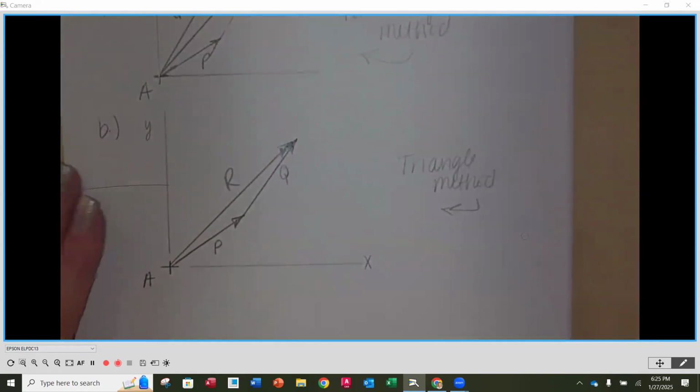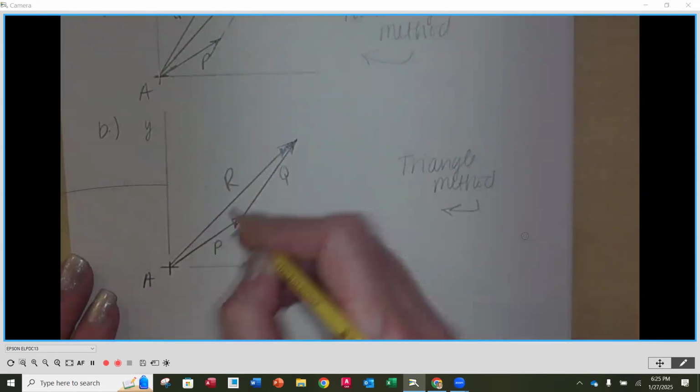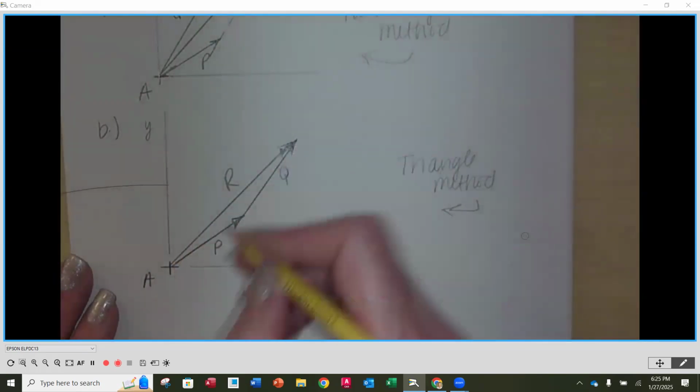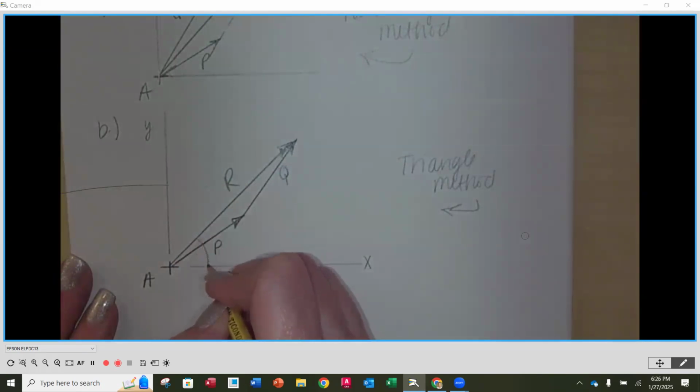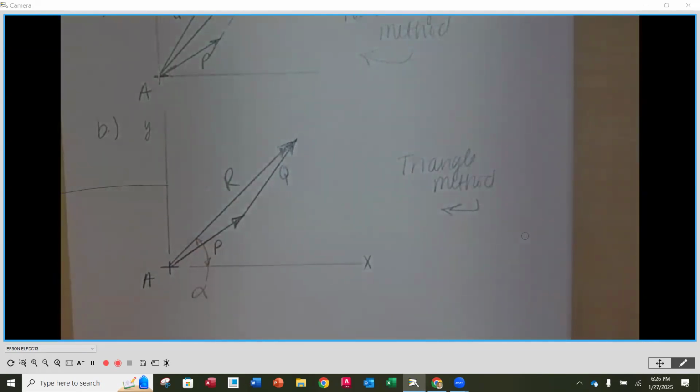We're going to use this triangle method right here, and we want to find the length of our resultant, and also its direction. I'm putting the letter alpha here. So from our x-axis to the resultant, what is that value? So we'll work through that.